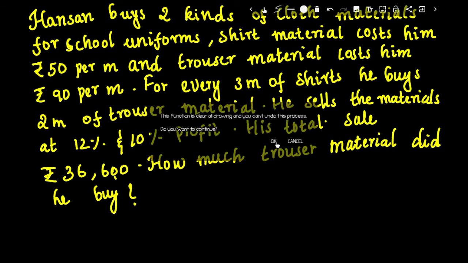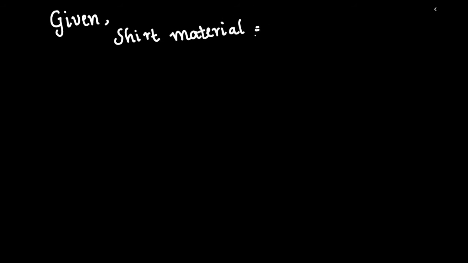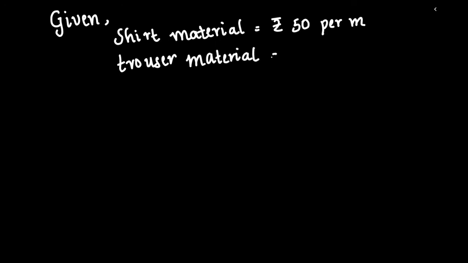First, let us write the given values. Shirt material is rupees 50 per meter and trouser material is rupees 90 per meter, and trouser is 2x because they have given 2 times the meters.